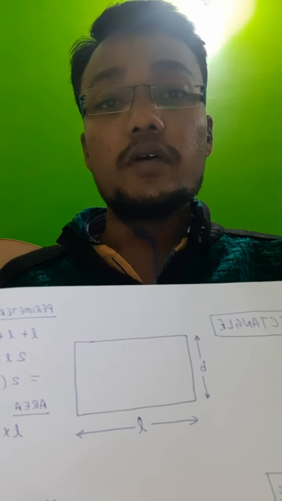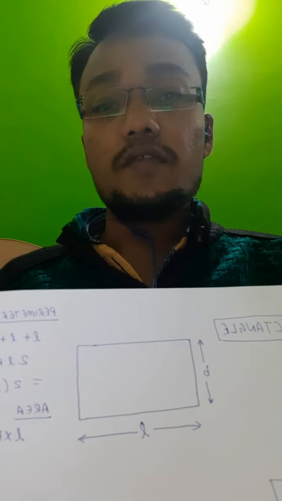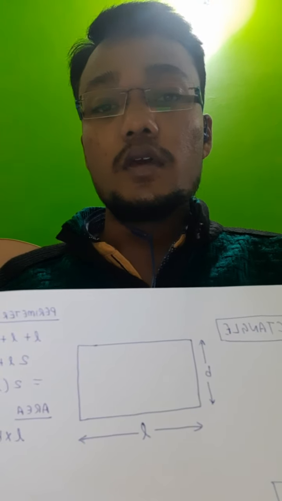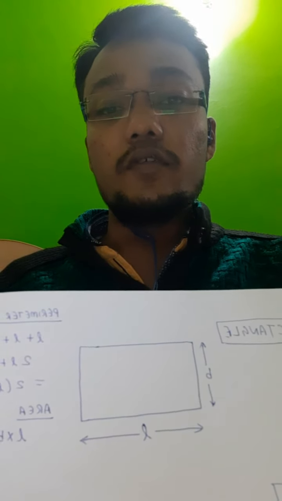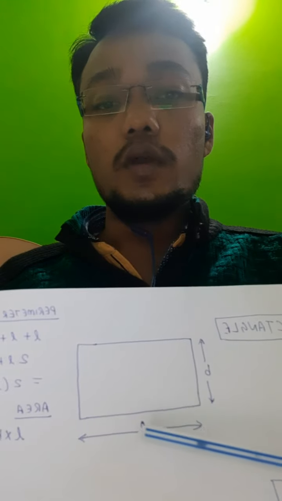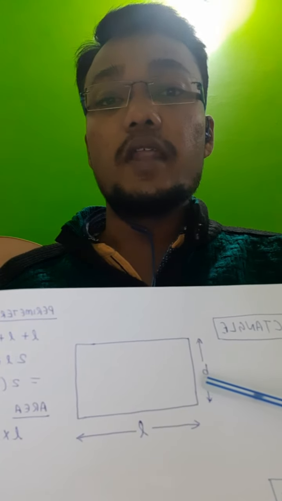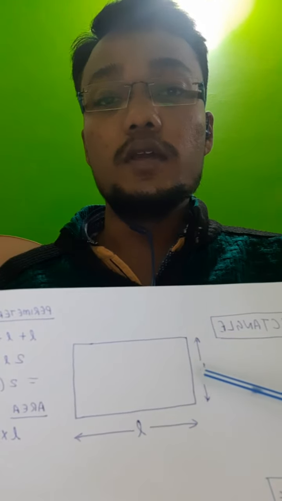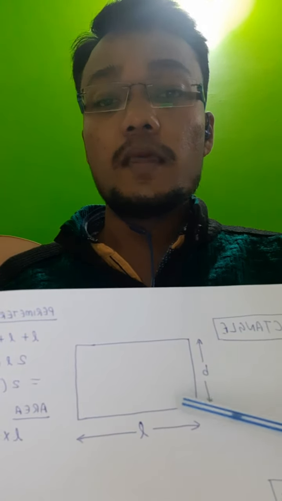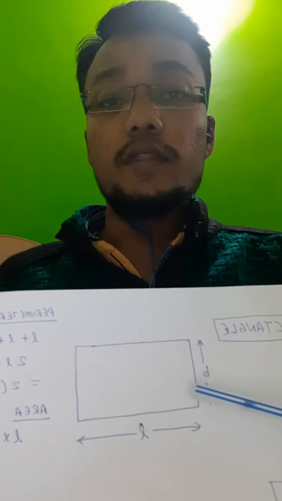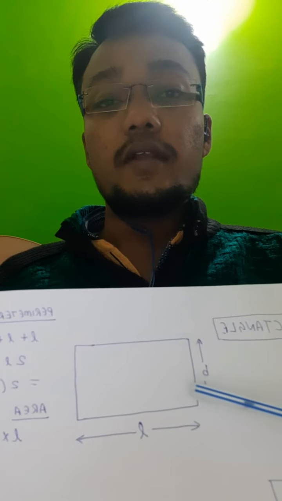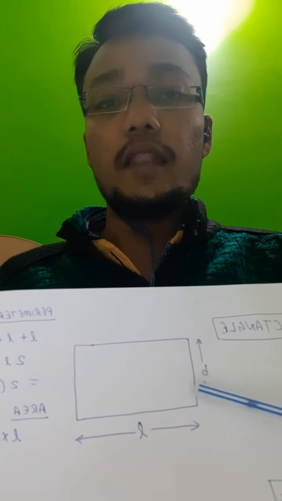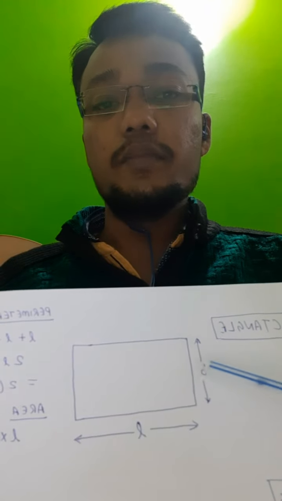The area of a triangle is half into base into height, so we have 1 upon 2 into L into B, and since there are two of them, twice of 1 upon 2 into L into B makes it L into B. That is, the area of a rectangle is L into B, the length times the breadth.